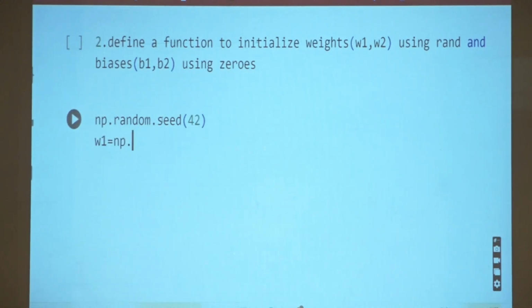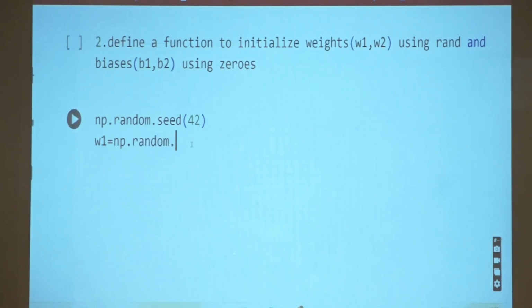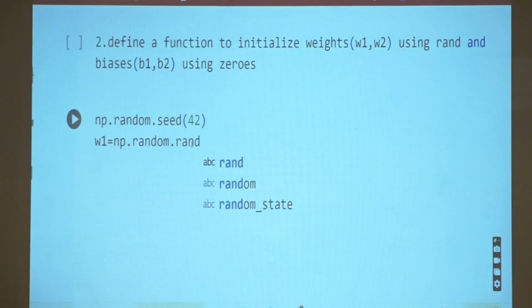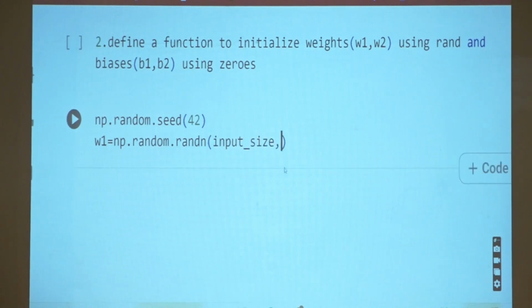Similarly, I have my bias B1 and B2. I have to generate weights and biases here. As I am taking a simple neural network with only one input layer, one hidden layer and one output layer, I take 2 weights: W1 for the connection between input and hidden, W2 for the connection between hidden and output.